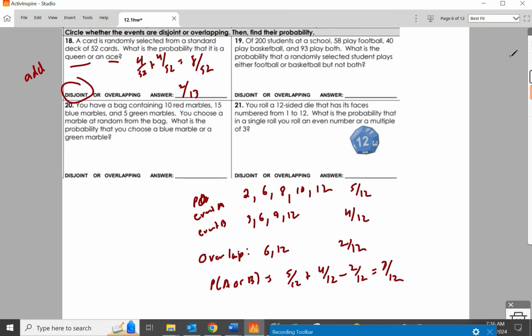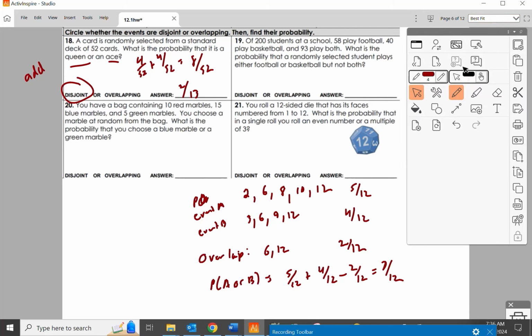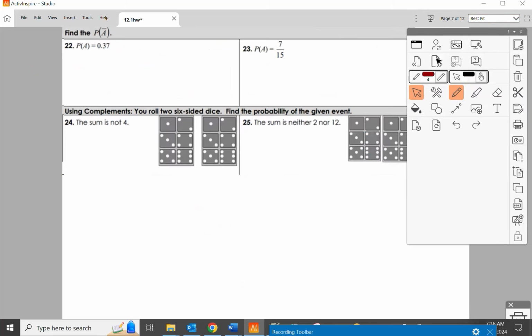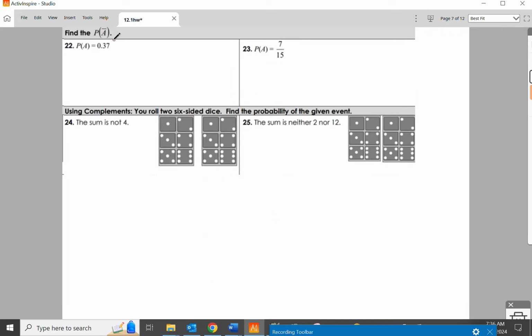All right, the last little thing in here I think is just dealing with complements. It says find P of A bar.